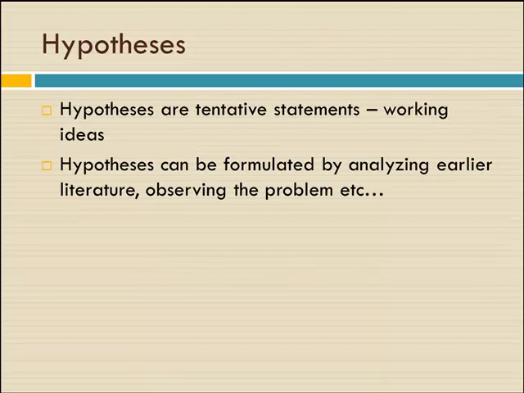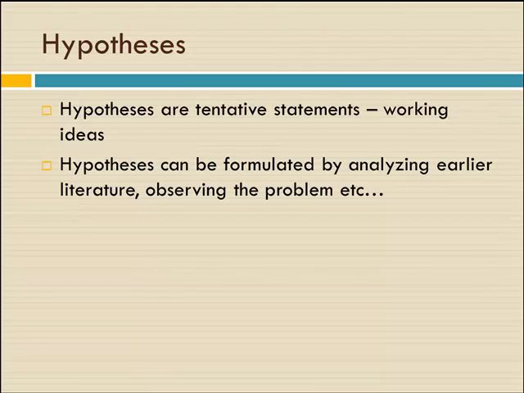He can have a few hypotheses, as in the case of the few objectives that he has framed. A hypothesis can be formulated by analyzing earlier literature and by observing the social problem. So how to formulate the hypothesis? The formulation of a good hypothesis is considered the most important thing in research.